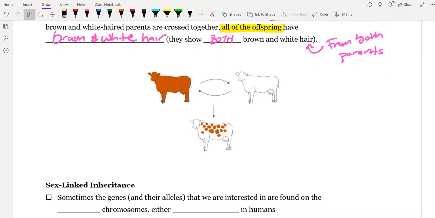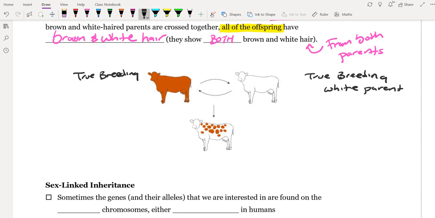So let's look at the genetics behind here. So we have our parent generation, and they're both true breeding. Right? So we have a white parent and we have a true breeding brown parent.